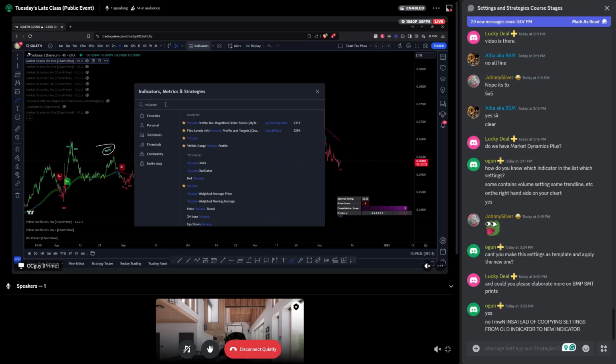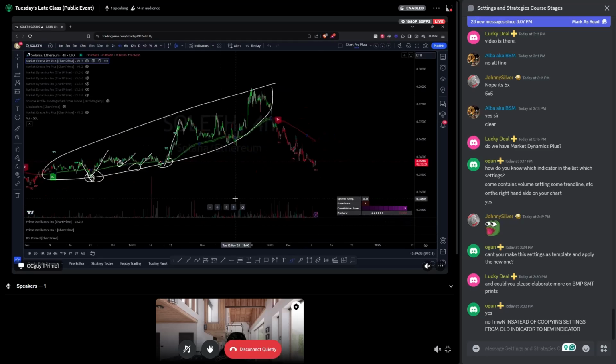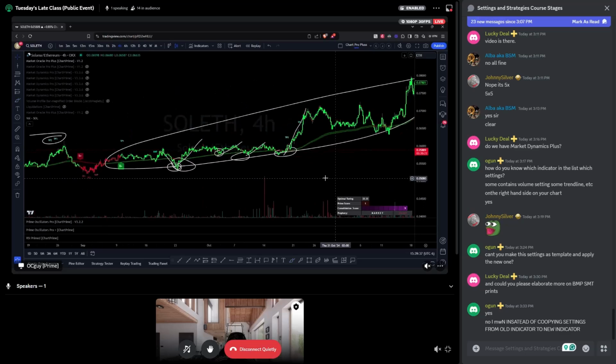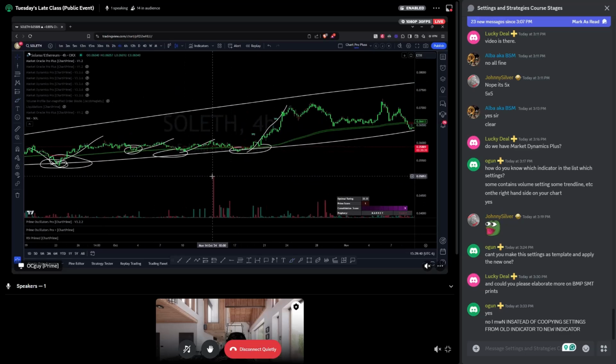This is the classical volume, the free volume that gets you with everything, right? When I see this big volume, I mean, how big is big, right? Because whenever it's already too big, the movement is gone. It already has played out, right? So jumping in the middle of a candle, that's not fun, all right? Because you don't know how it's going to play out. Does it have more room to go?